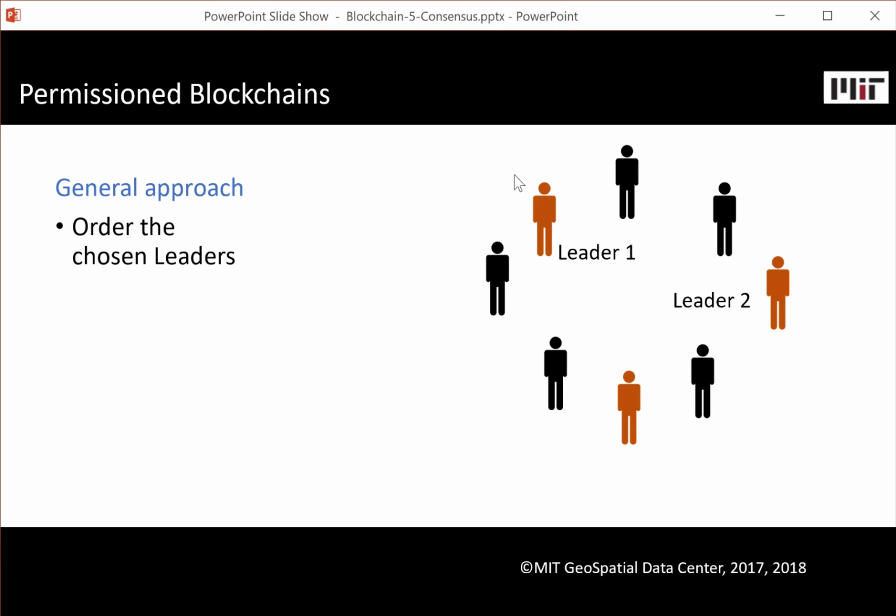If they're not responsive, then we're going to take leader number two's suggestion and leader number three, etc. And we can have enough leaders that we know we'll get some response from the leaders, even if other people are not on the network at the moment. So this process of choosing leaders out of the community is called sortition.